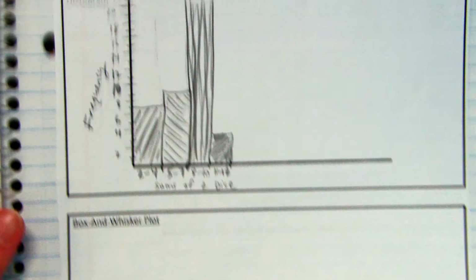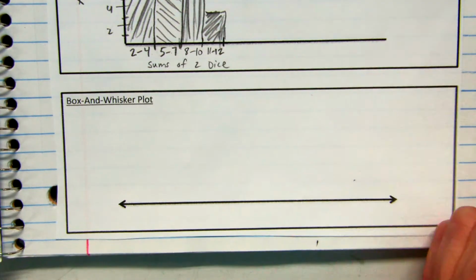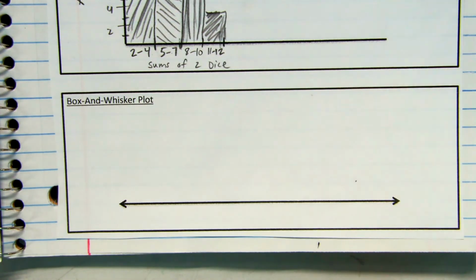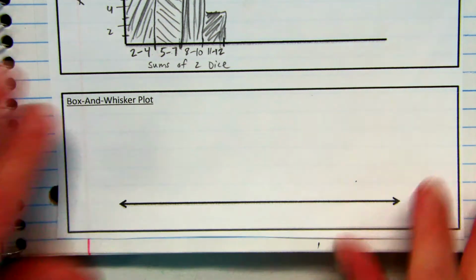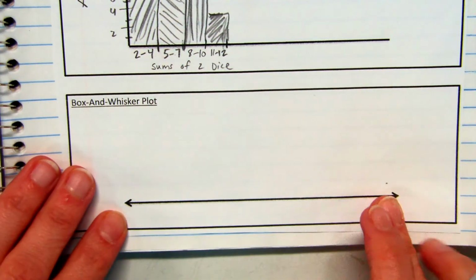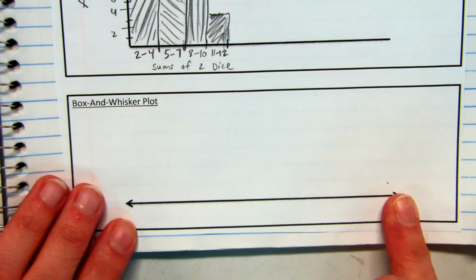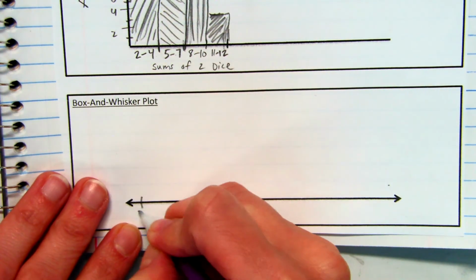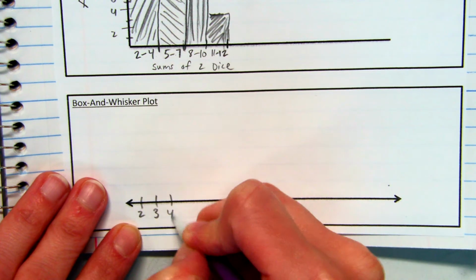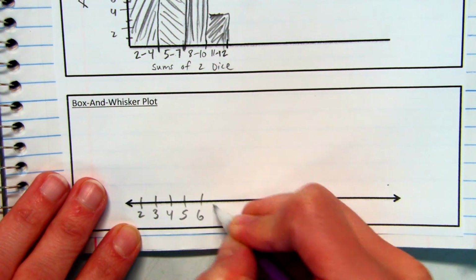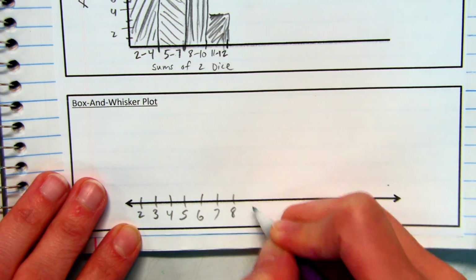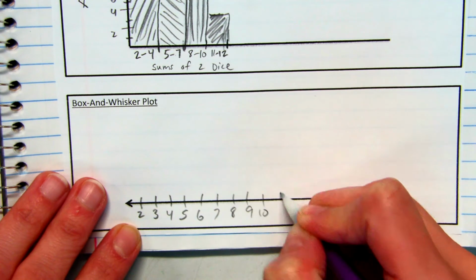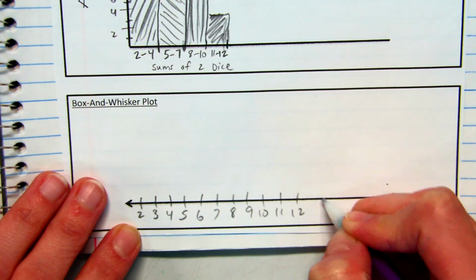All right, so now we're going to talk about a box and whisker plot. The box and whisker plot uses the information that we did yesterday. So what you want to do on the line, this is going to be our number line. We want this to go from 2 to 12 again, just like we did for the dot plot. So we're going to go 2, 3, 4, 5, 6, 7, 8, 9, 10, 11, 12.